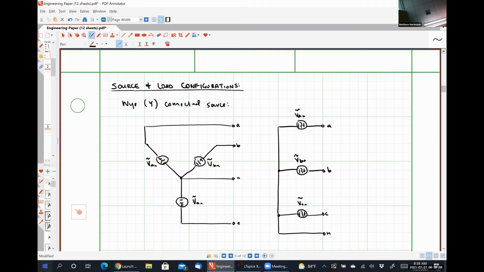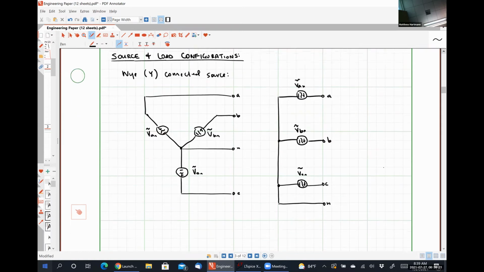So we still have all of our voltages measured between the A terminal and the neutral, B terminal and neutral terminal, C terminal and neutral terminal, respectively. But to me, the drawing on the right looks a little bit cleaner. I don't have any preference whatsoever on which ones you choose to employ. And if I'm being entirely honest, most textbooks typically go with the Y-shaped configuration. But I personally find that the box or window pane shape configuration is easier for me to understand what's going on.